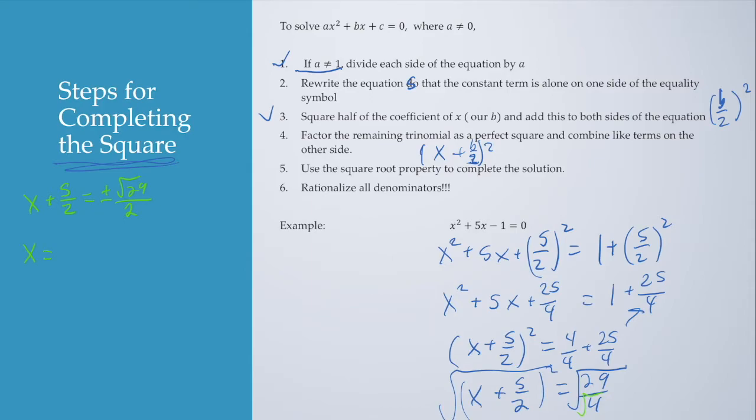So I have x plus 5/2 equals a positive square root of 29 over 2, and x plus 5/2 equals a negative square root of 29 over 2. That gives me x is negative 5/2 plus the square root of 29 over 2, and x is negative 5/2 minus the square root of 29 over 2. So I have x is negative 5 plus the square root of 29 over 2, and x equals negative 5 minus the square root of 29 over 2. Again, those answers are conjugates.